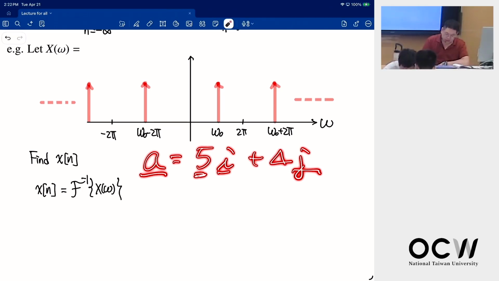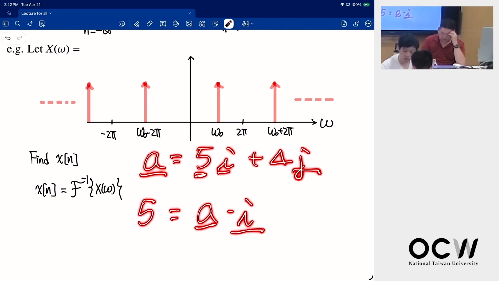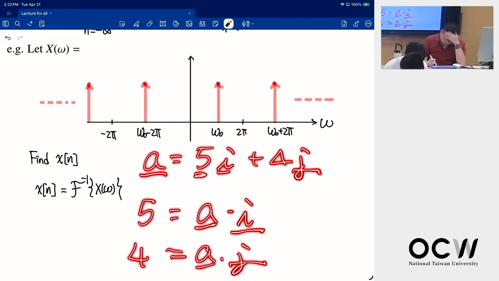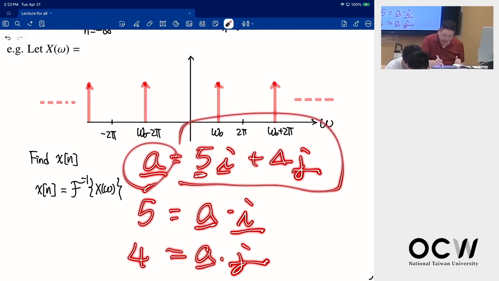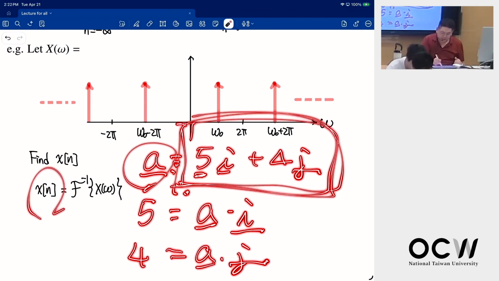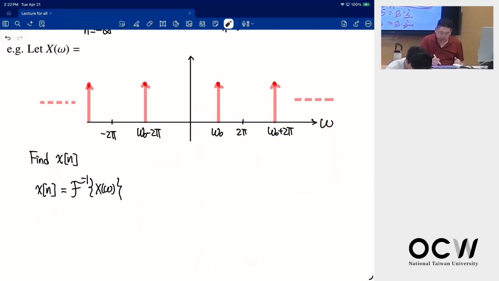If you want to get 5, that means you take A inner product with i. If you want to get 4, then you take A inner product with j. And A is this combination. So you can also think that my x is the combination of your bases.